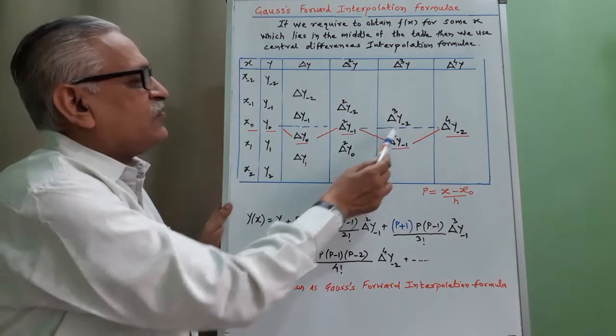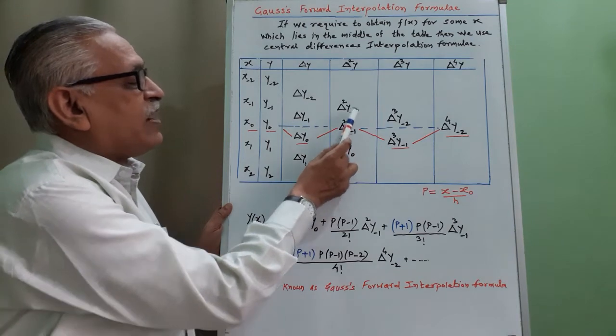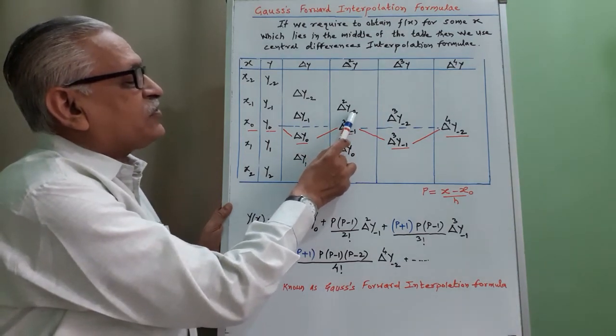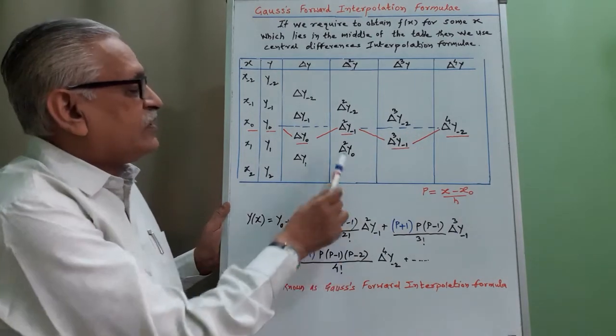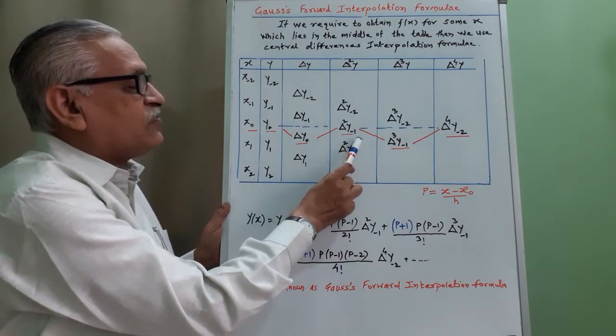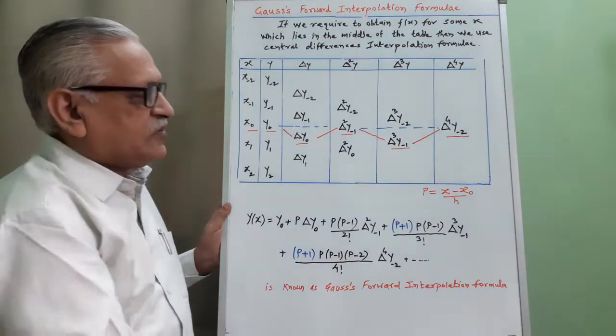Differences of this we get third order differences as del square y minus 1 minus del square y minus 2, which is nothing but del cube y minus 2. Del square y0 minus del square y minus 1 as del cube y minus 1.